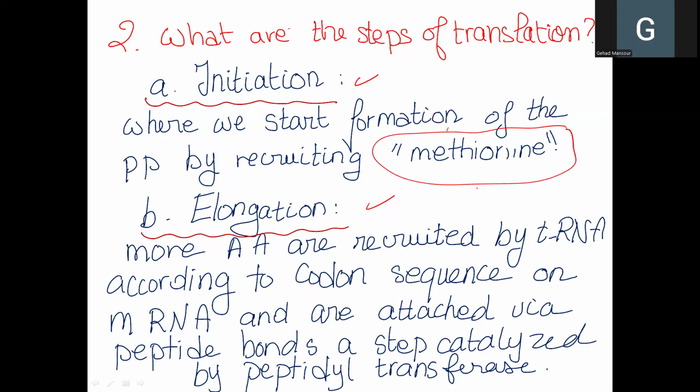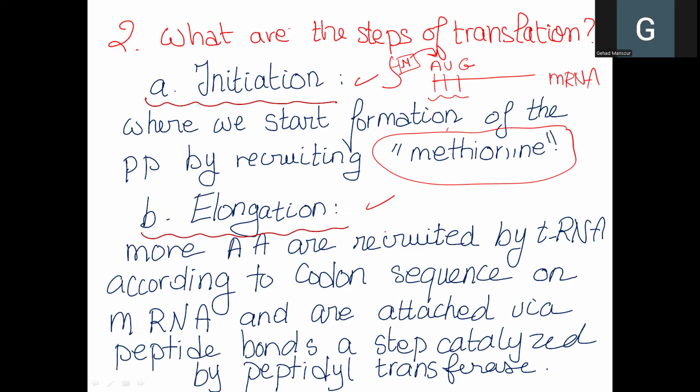Because the first codon on messenger RNA is AUG. And since AUG is the specific codon for the transfer RNA that carries methionine amino acid, then we are calling for methionine amino acid.